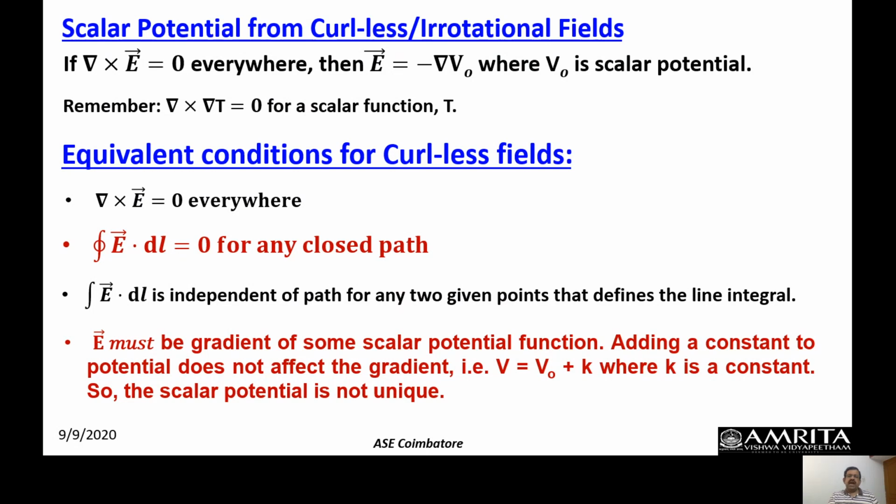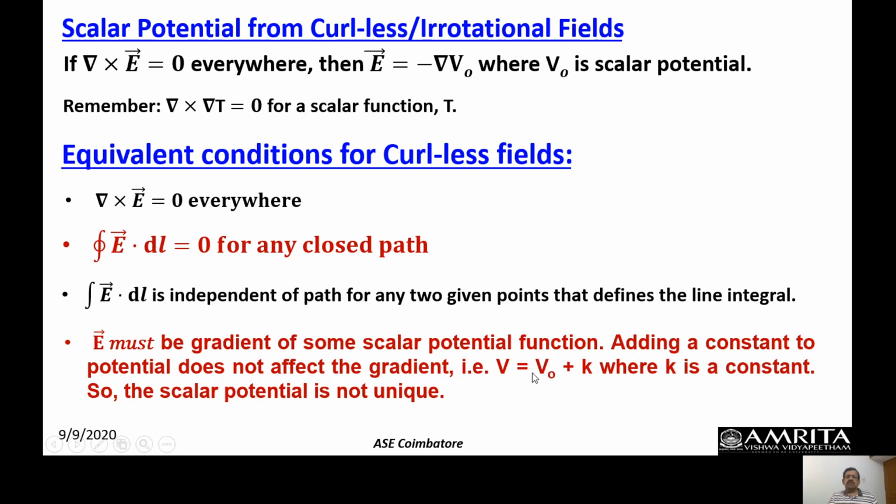Now, if I add a constant to this, such as k, E becomes minus del of V0 plus k. We know that the gradient of a constant is 0, which means the gradient is not affected when I add a constant to a scalar function.